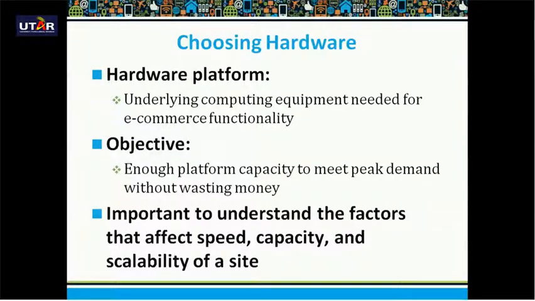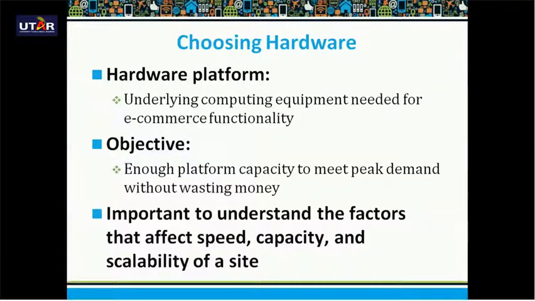So next, in order to run an e-commerce site, you have to choose your hardware wisely. So it's about the platform. Normally, it is the underlying computing equipment needed for e-commerce functionality, and the objective is enough platform capacity to meet peak demand without wasting money.